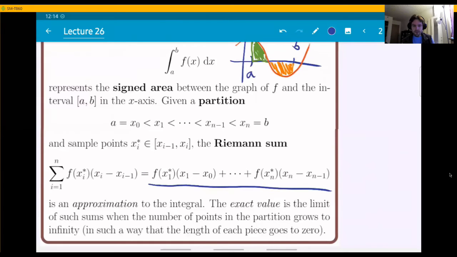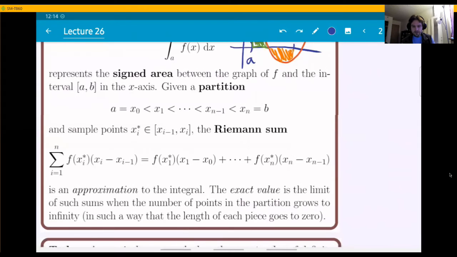It's a sum where you look at the difference between the points that you're selecting, the xi points, and you multiply each one by the value of the function at the sample point, xi star. Then you add all those up. This is called the Riemann sum of that partition, and this is going to be an approximation to the integral.